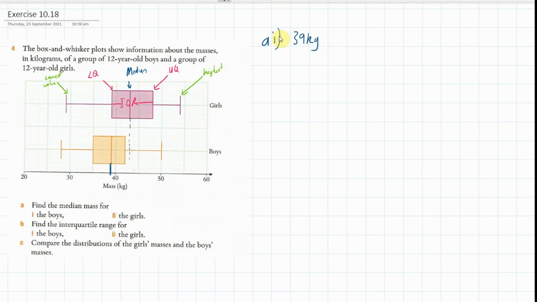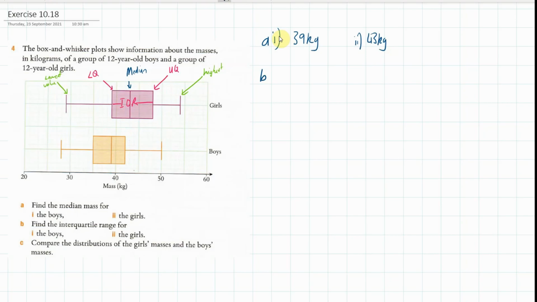So their median mass is a little higher, and that looks to me to be 43 kilograms. So for the girls, 43 kilograms. Of course, when we compare this at age 18, that will have swapped around.